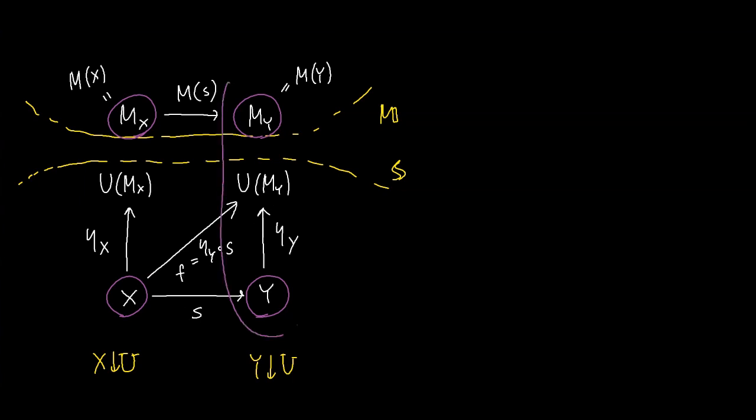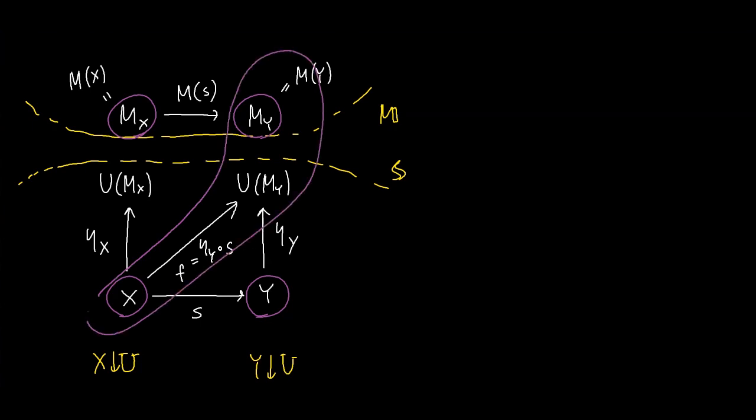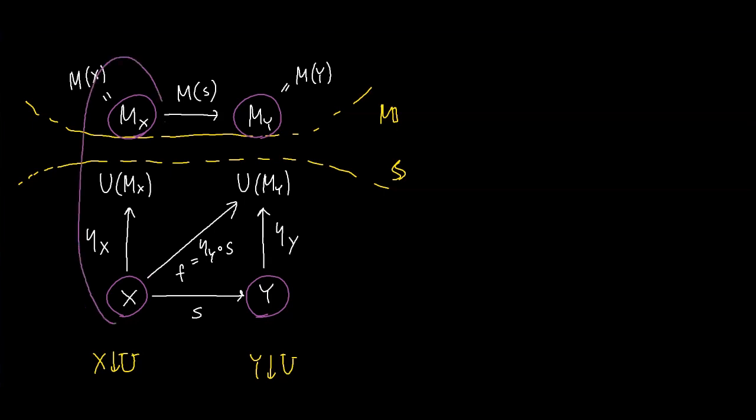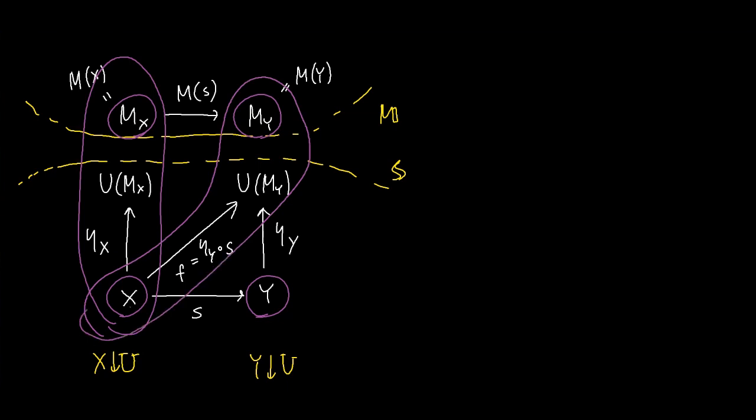I did have originally an object in the comma category over Y, but I could transport that into an object in the comma category over X by composing s and eta Y. So now I have the same diagram as I always had before. One object, second object, and now both are over X. Okay, and now I'm going to use the fact that this left-hand side one is an initial object.